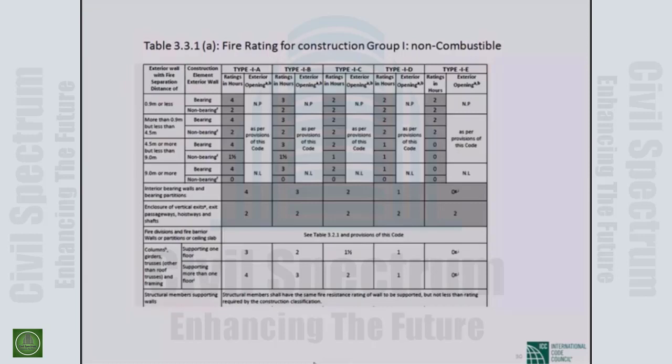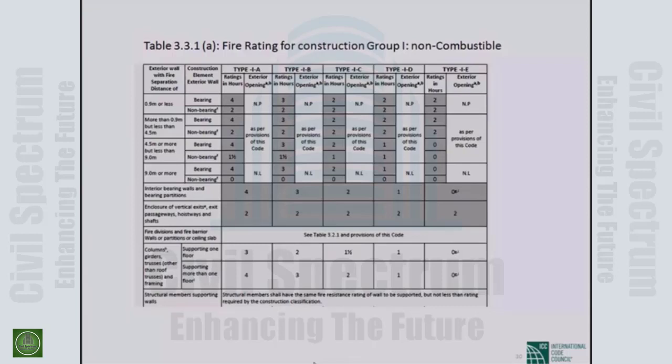So in a Type 1A building, the majority of key components which are bearing the load are 4 hour. Other than those which are not load bearing, that may not be 4 hour, that may be half hour, 0 hour. You can see from the table. So if I say a building is 4 hour rated, that does not mean everything is 4 hour.